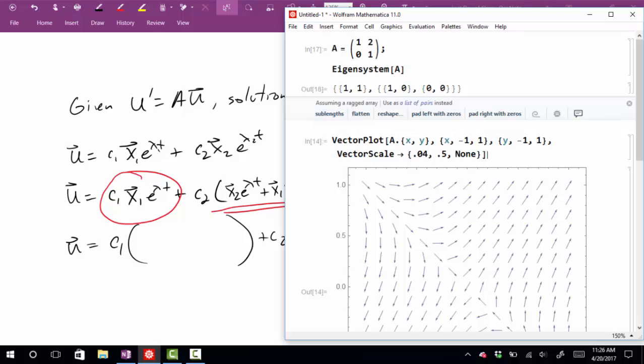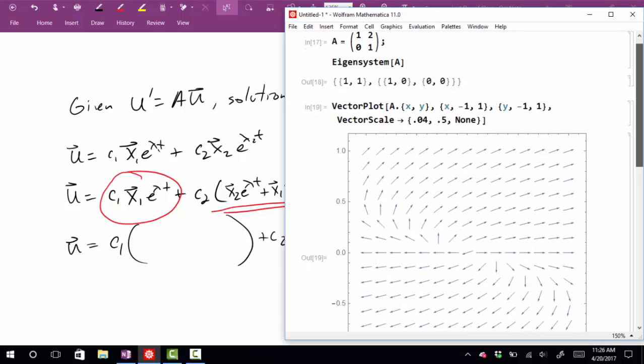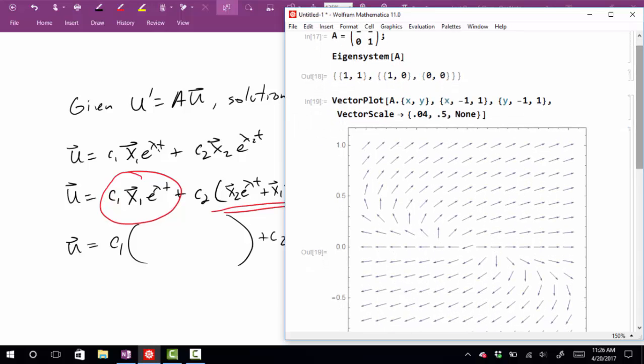But now if we look at the vector plot, I get this. What am I seeing here? I'm seeing that one eigenvector, the eigenvector 1, 0. That's my straight line solution right here, 1, 0 or negative 1, 0, because any multiple works. But I'm not seeing any other straight line solution. I'm seeing this curving action.